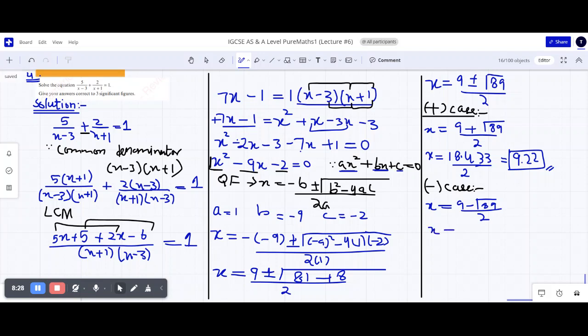So x would be equal to negative 0.433 over 2, so x equals negative 0.217, the second value we got. So the final answer we can write is x equals negative 0.217 and 9.22.